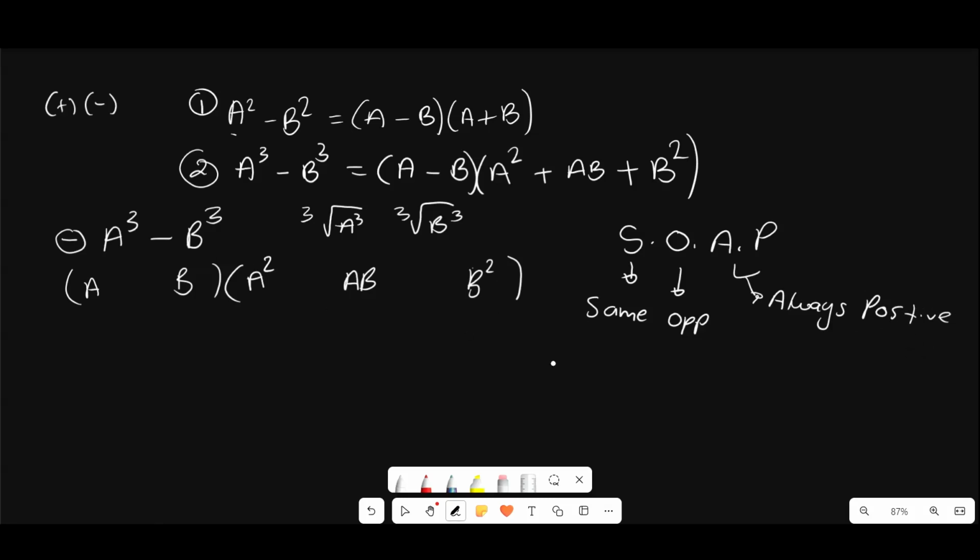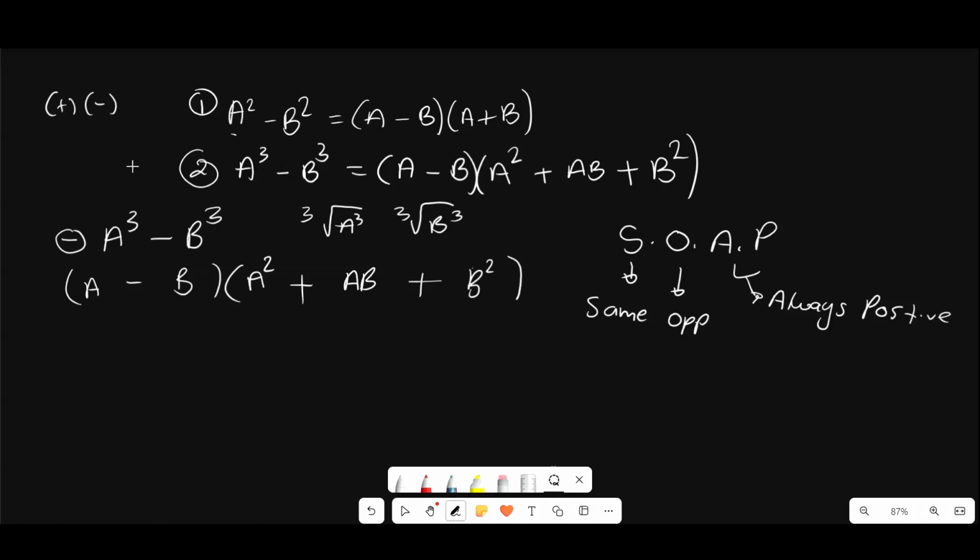Here, same, meaning we're taking the same sign, negative. Opposite, this negative becomes positive b. And then always positive, so this one will always be positive. Please take note of that.